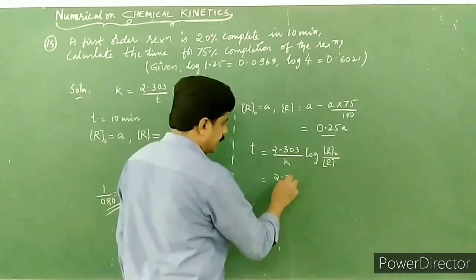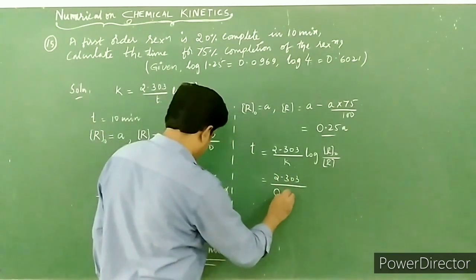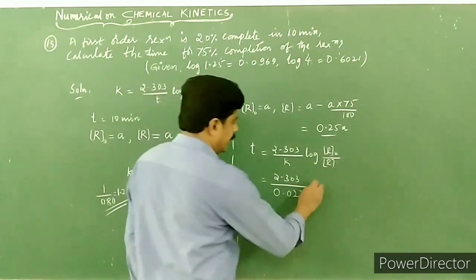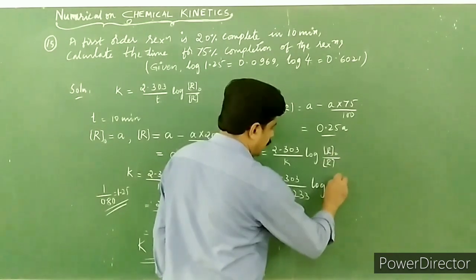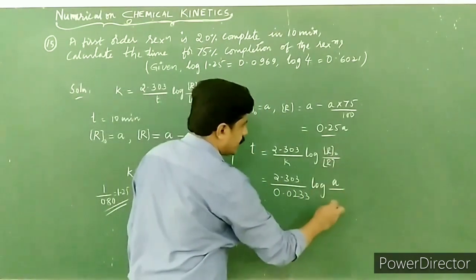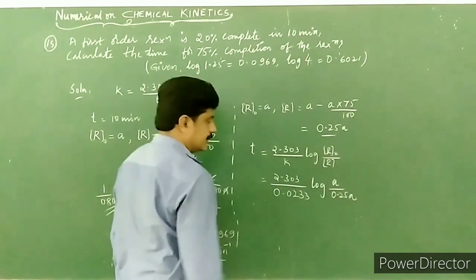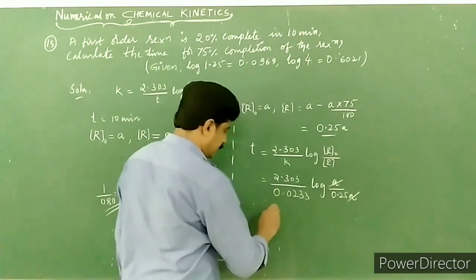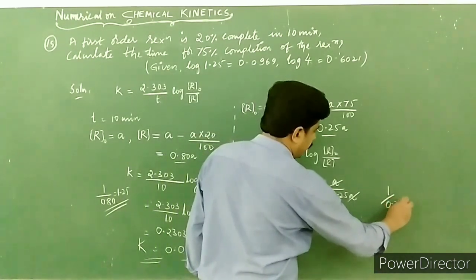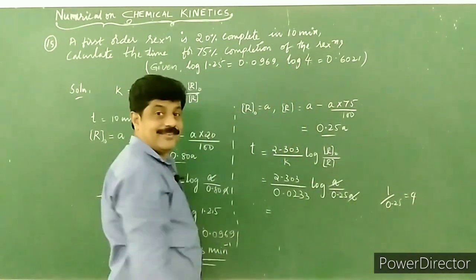T we are supposed to find, the time. So 2.303, the K value we got here is 0.0233 per minute, into log of R naught upon R. R naught we have taken as A, R is equal to 0.25A. I'll cancel A. Now look at here, children, 1 by 0.25 is equal to 4. That is why they have given the log 4 value here.